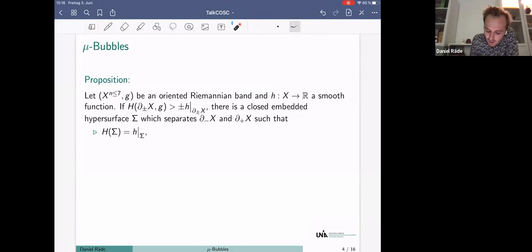And then on this oriented Riemannian band, you pick a smooth function, a function X to R, which is going to be called our potential function. And then the proposition says the following.